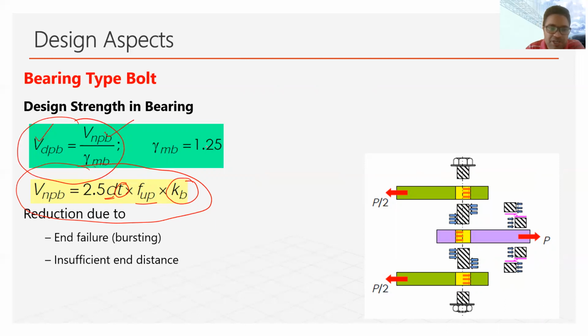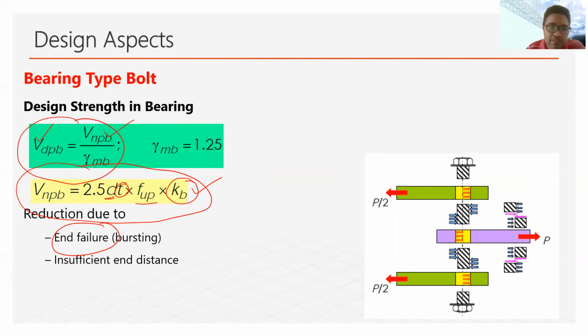This reduction factor Kb is applied to avoid the end failure or the split edge failure. In the previous part, I have explained the failure criteria, the modes of failure of the bolt sections.